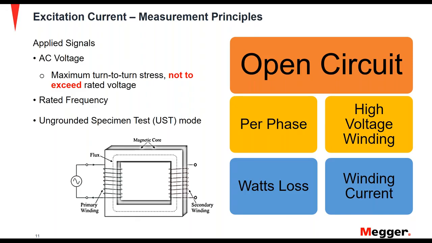So you energize each phase of the high voltage winding and determine as an output the watts loss and the winding current. It tells you the amount of current that was absorbed by the high voltage winding and the watts that were consumed in order to do that.